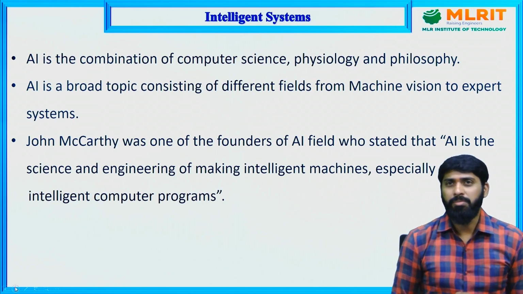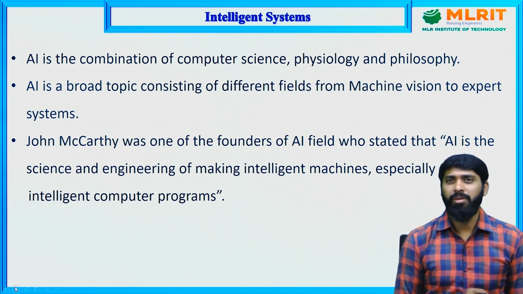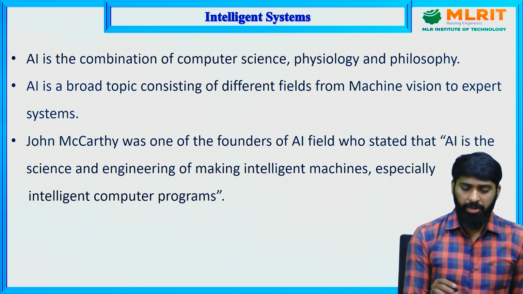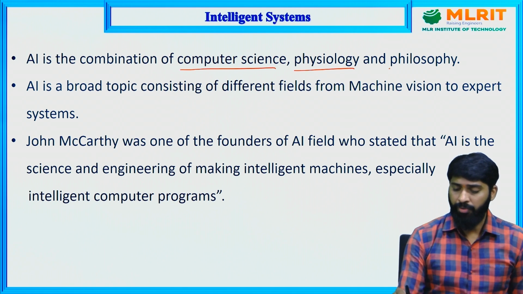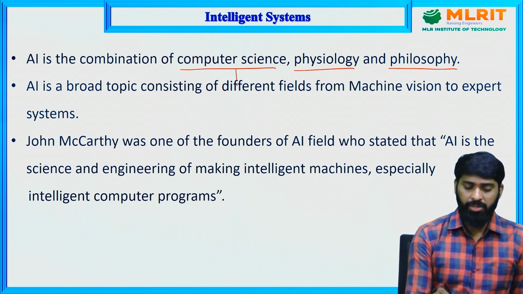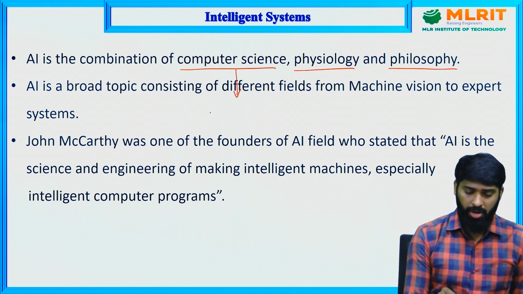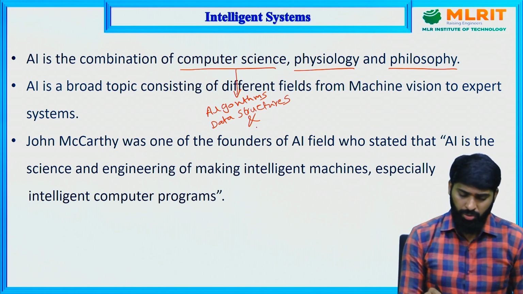Intelligent systems. Intelligent means thinking power. Now if the systems are able to think by themselves, then we call those systems intelligent systems. AI is a combination of computer science, physiology and philosophy. So computer science deals with algorithms, data structures, and storage.